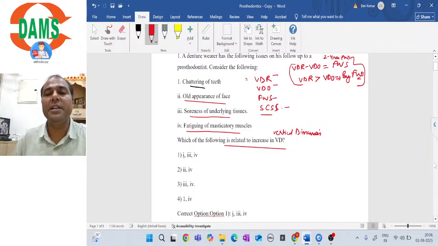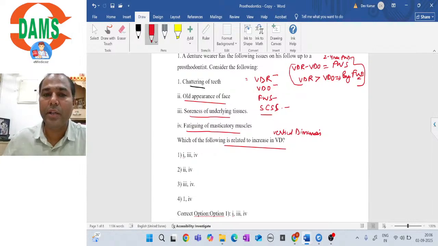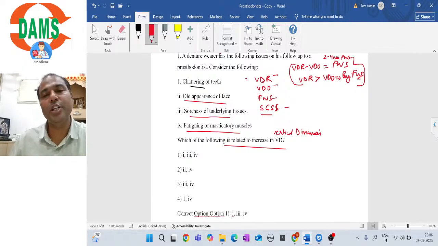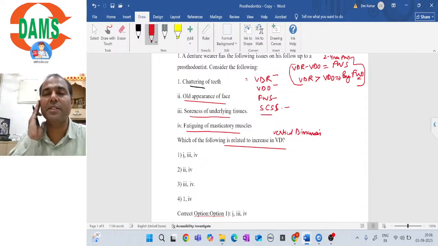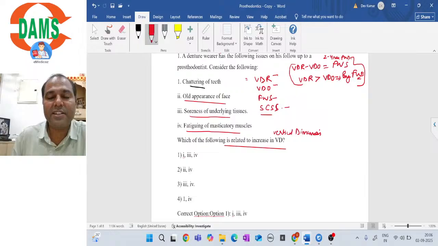At rest, it's a static entity. Freeway space was given by Thompson, and its value is 2 to 4 mm. Why do we require a freeway space? We require it so that when the patient is at rest, the whole stomatognathic system, that is the TMJ, the muscles, the teeth, everything remains at rest, because everything needs rest.